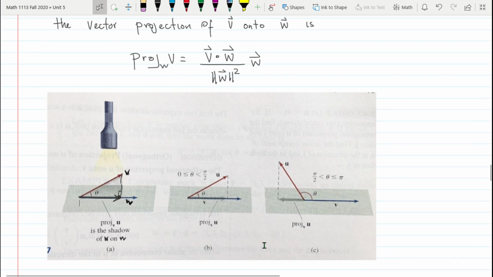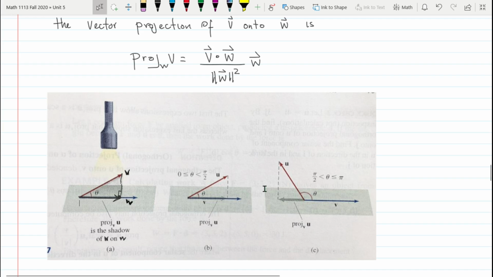We're talking about the angle between them. If the angle between the two is between 0 and 90 degrees, meaning they're at least pointing in the same direction, then you will expect to find something like this.